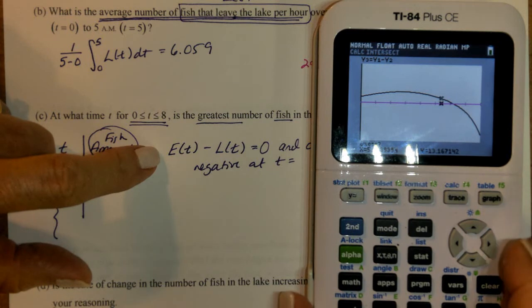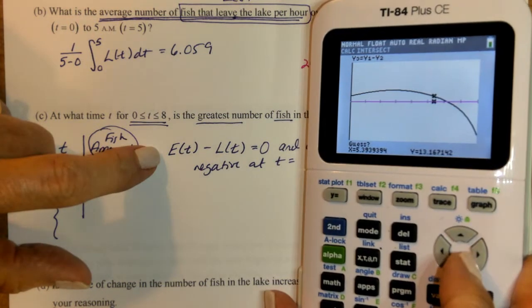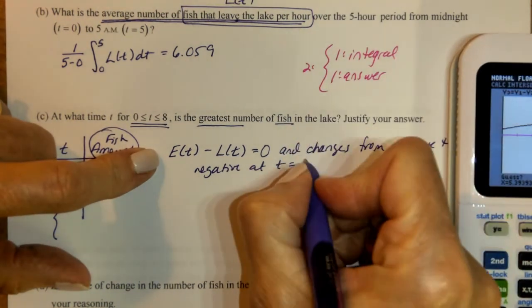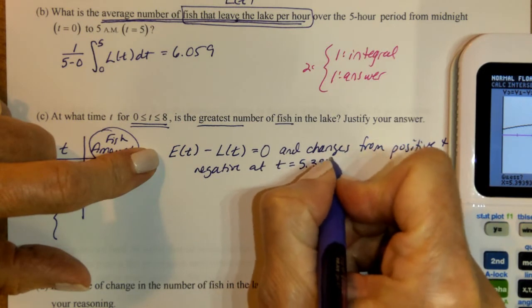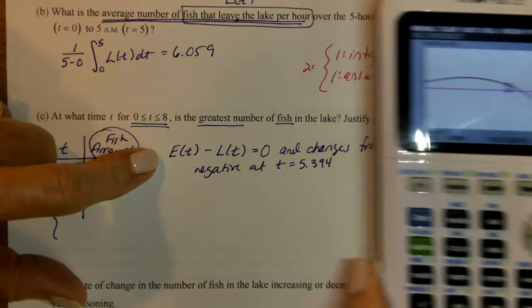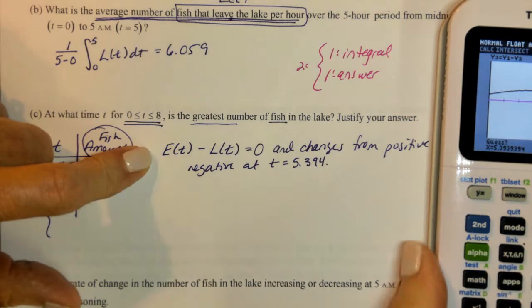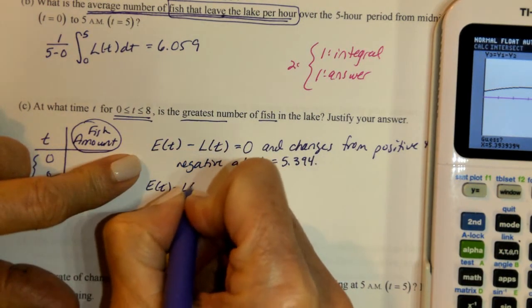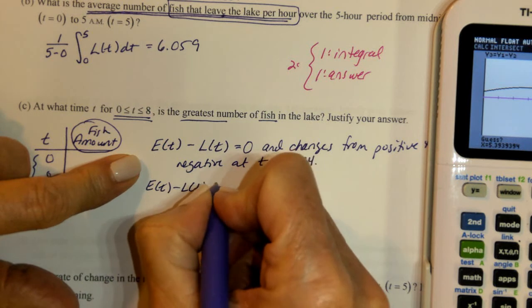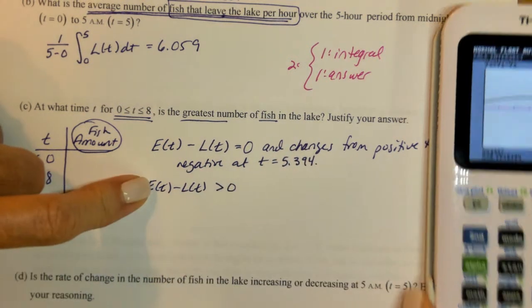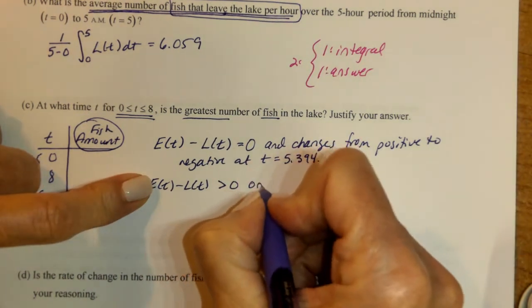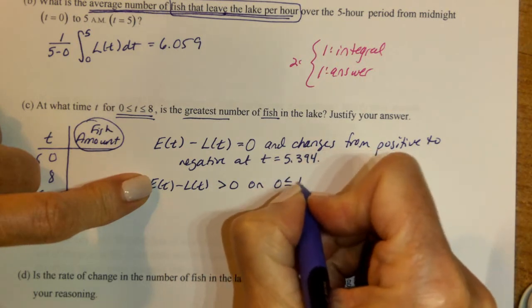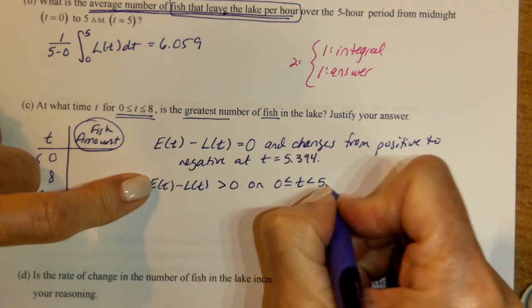So we have 5.394. Okay, so I'm going to say E minus L is greater than 0. It's positive on 0 to that time.